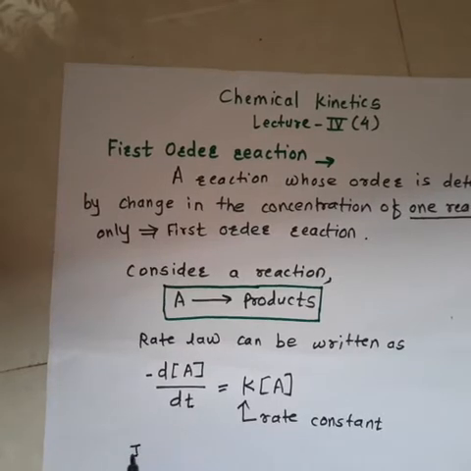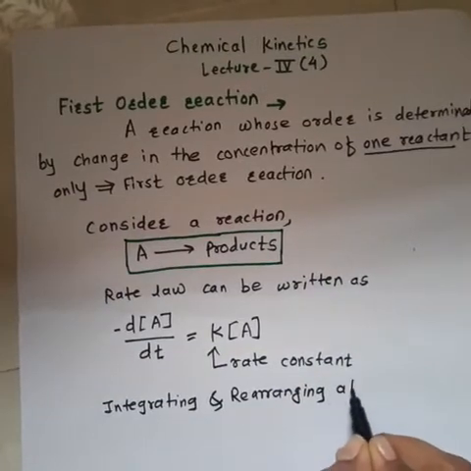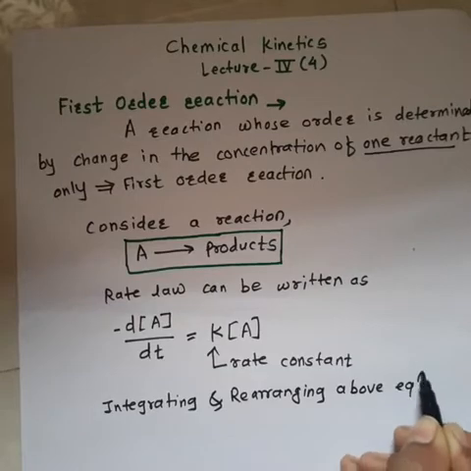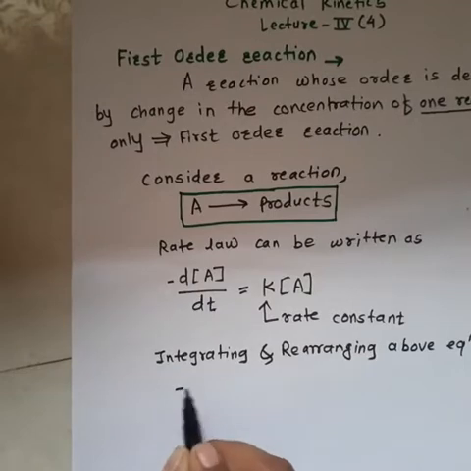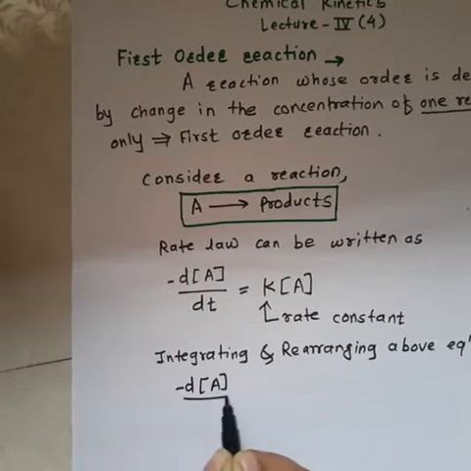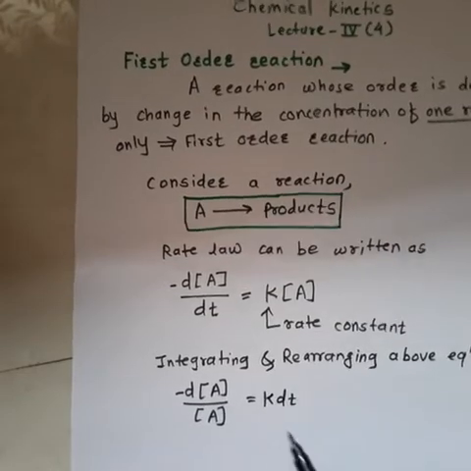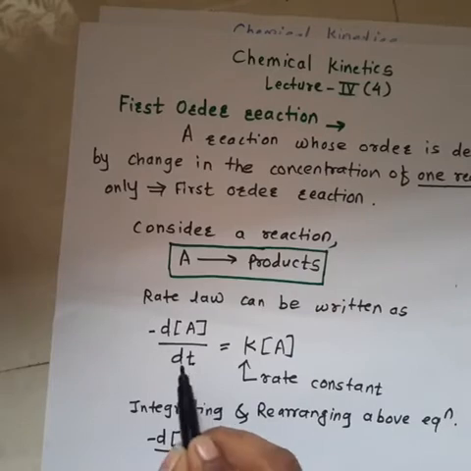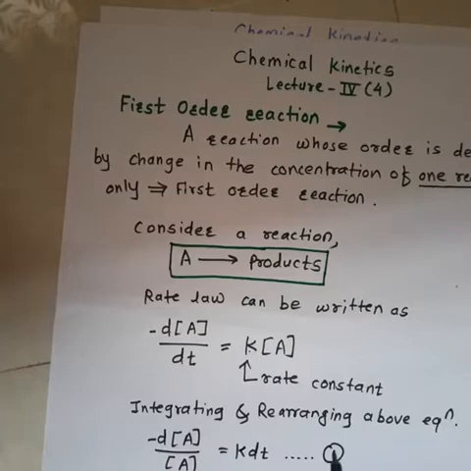Integrating and rearranging the above equation, we get minus dA upon A is equal to k into dt. This is equation 1.